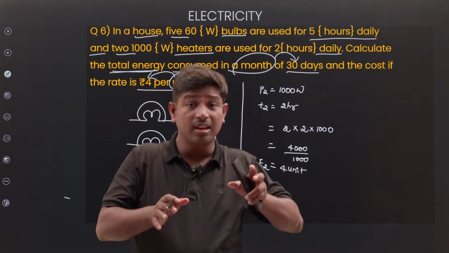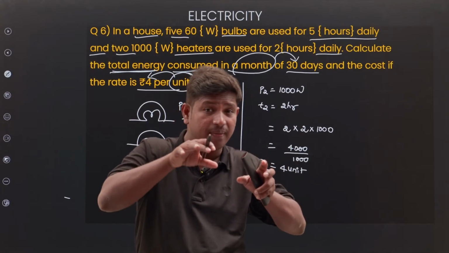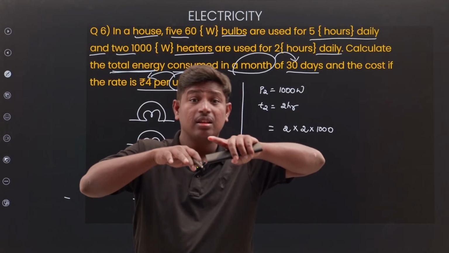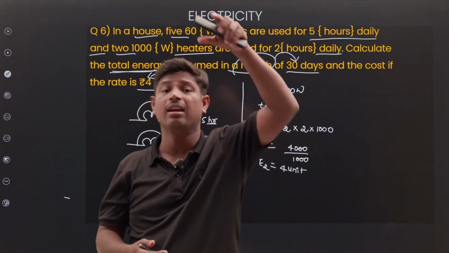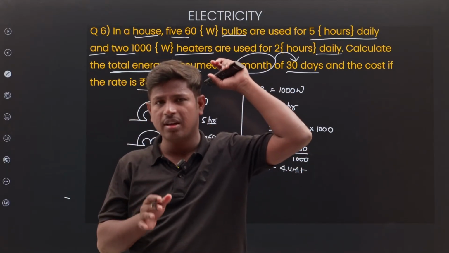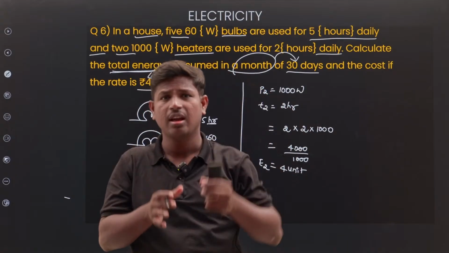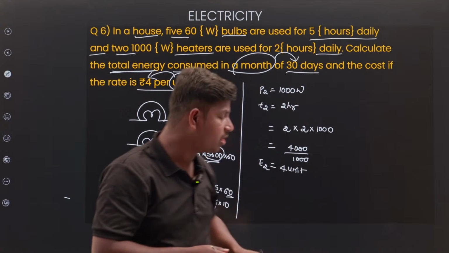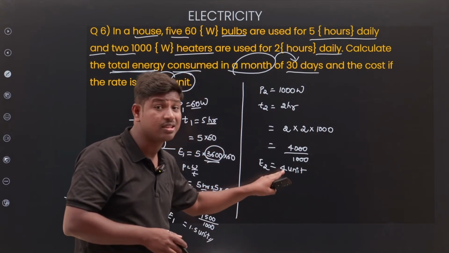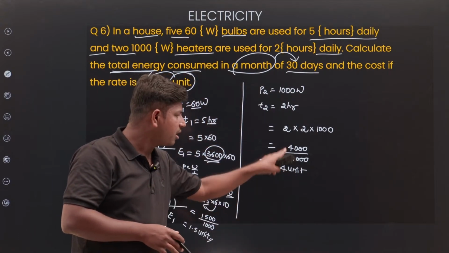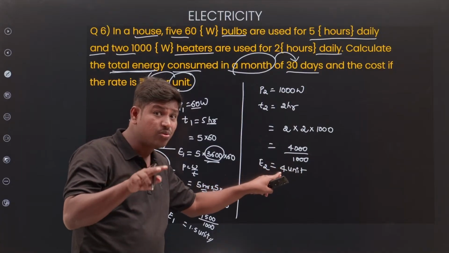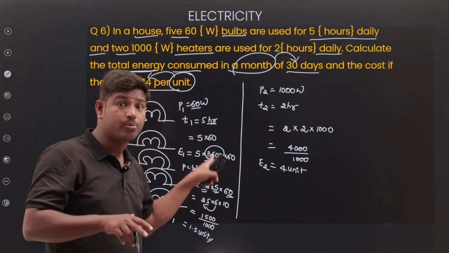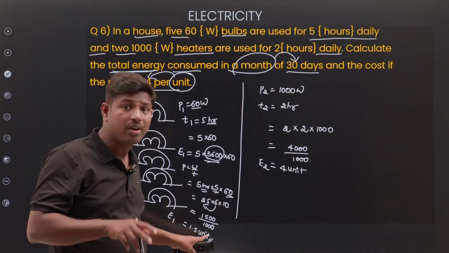So whenever we are using a heater, the current bill will be high. Observe it: in the month you use a heater, the bill will be high. So for two heaters only, 4 units of current, but 5 bulbs only 1.5 units.